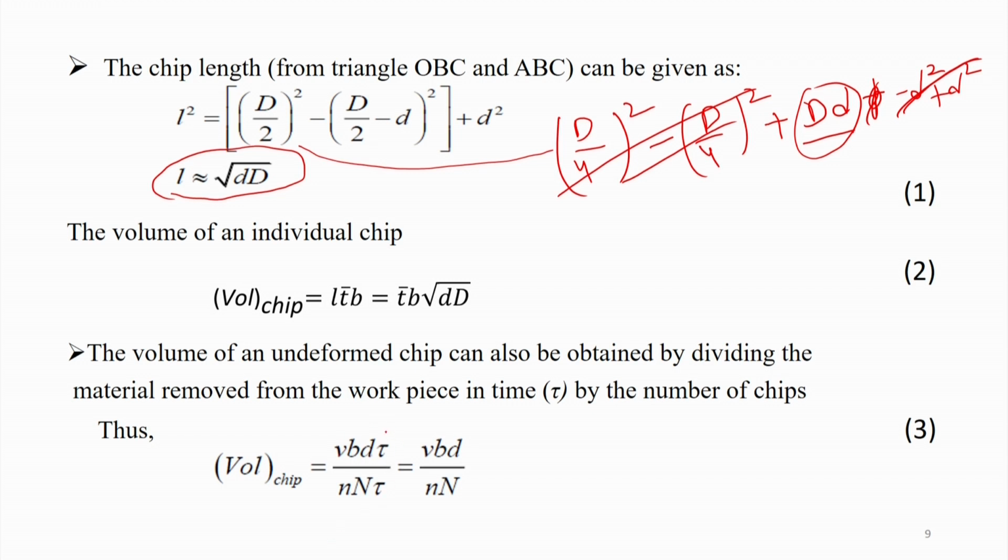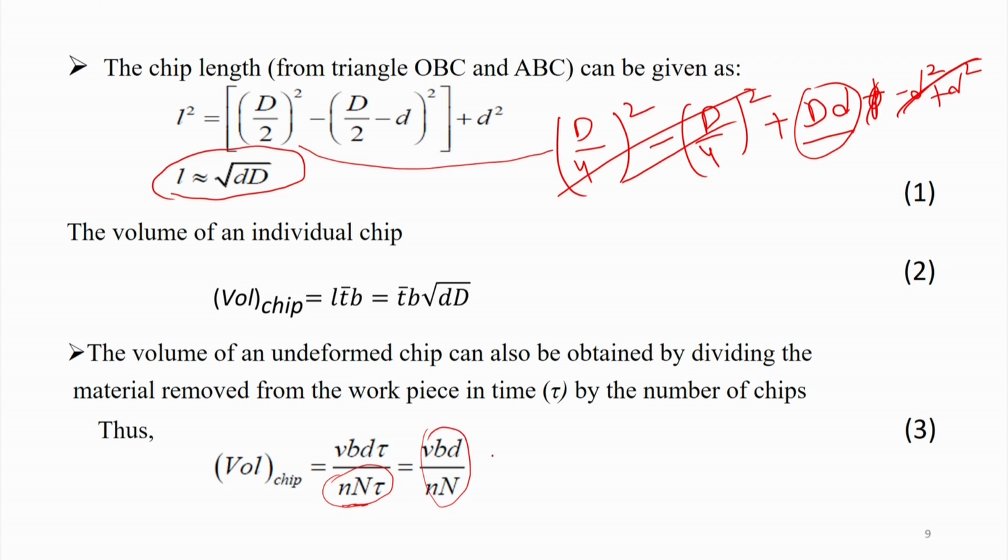the total material removed in time tau, but by that time the cutter has rotated by, suppose in 1 unit time it rotates by capital N. So, in time tau it will rotate by N times tau, and there are n teeth in this one. So, total number of teeth involved will be this one. So, per tooth removal of the material is this.